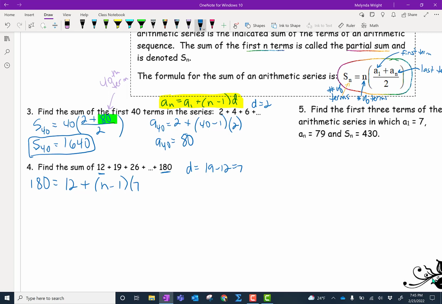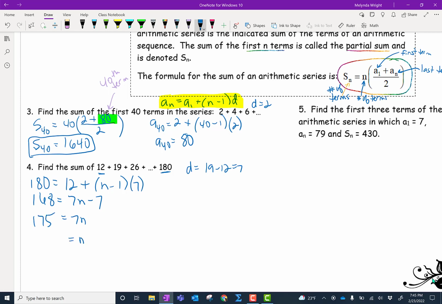So we multiply by 7. So let's subtract 12 from 180, and that gives us 168. And then I've got 7n minus 7. So let's add the 7 over. So 168 plus 7 is 175.